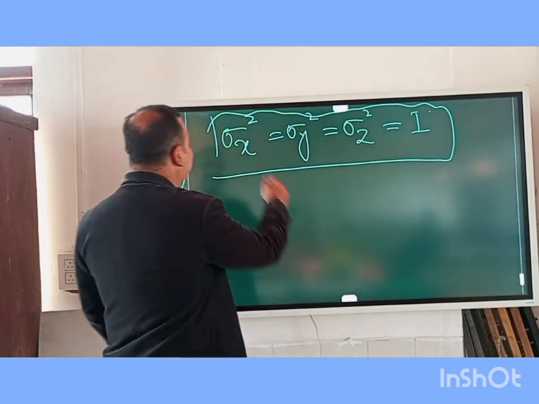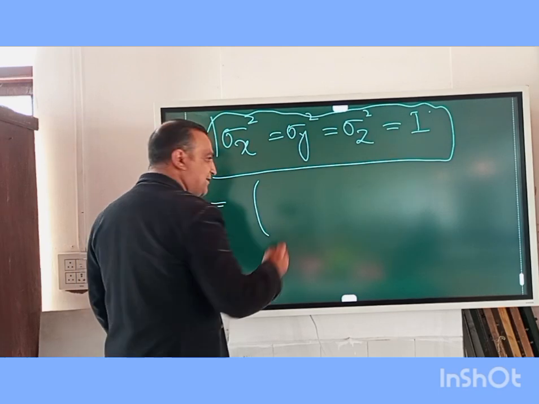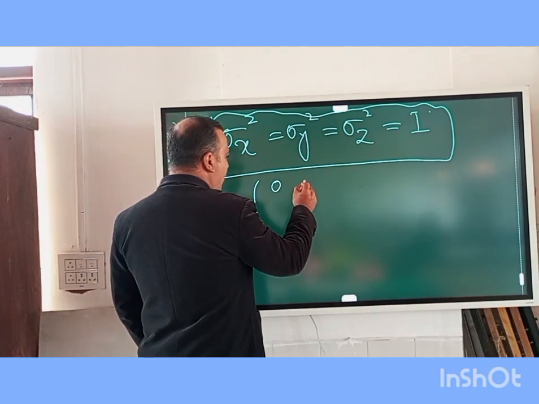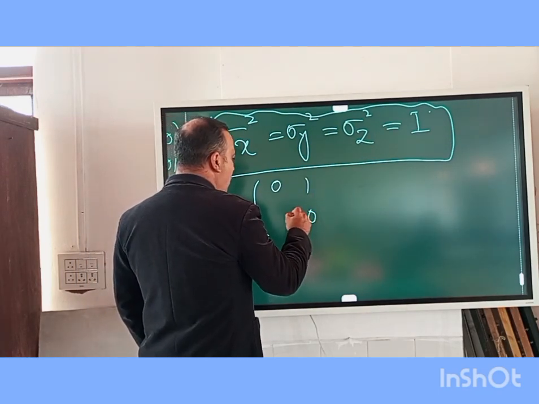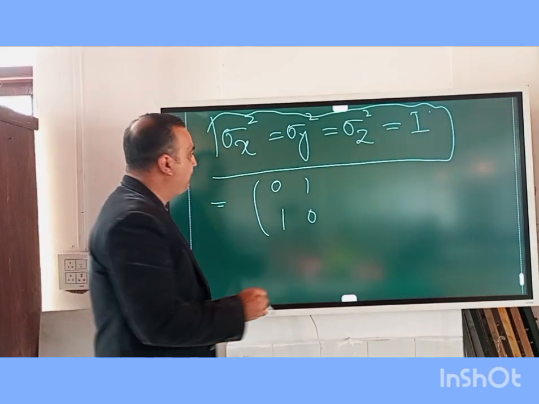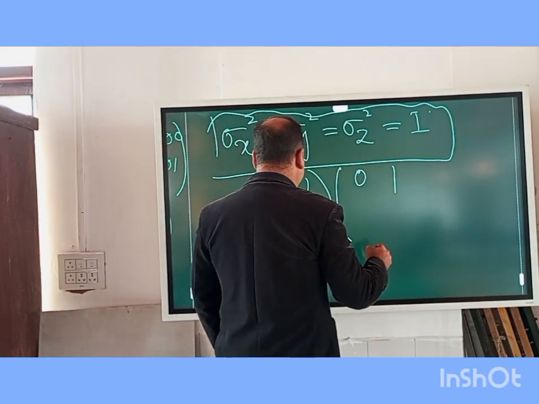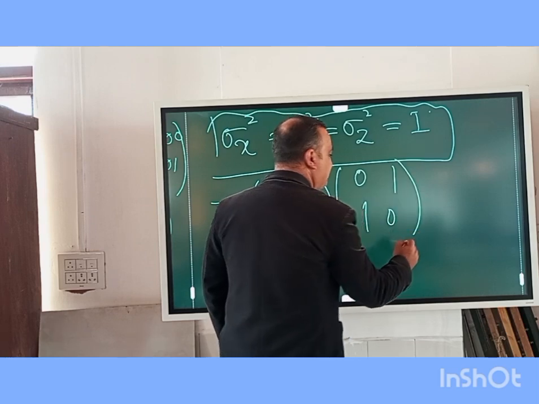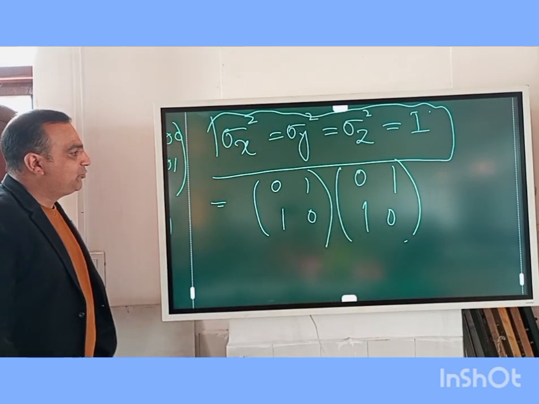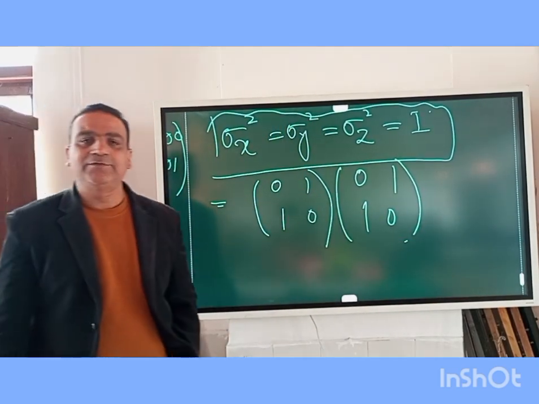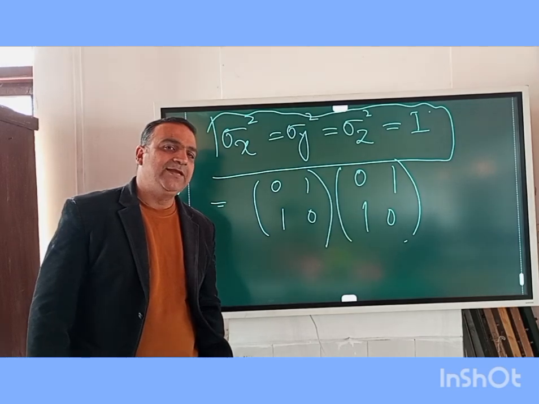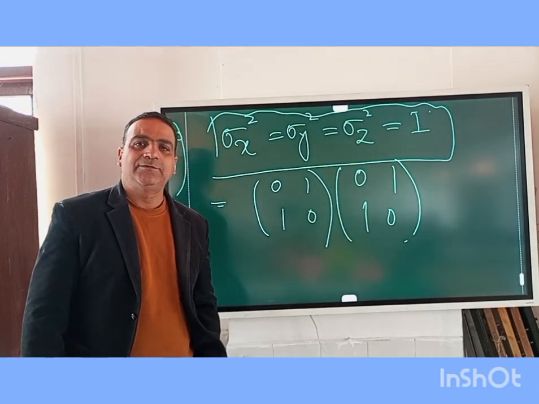For sigma x, how much was sigma x? It was 0, 1, 1, 0. Then I'll multiply it with 0, 1, 1, 0. You should obtain a 2 by 2 identity matrix.